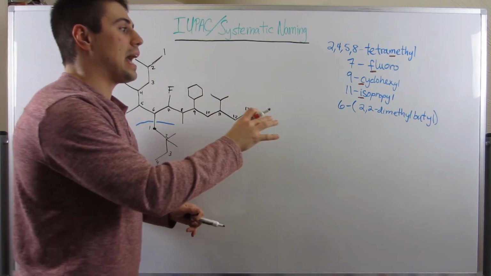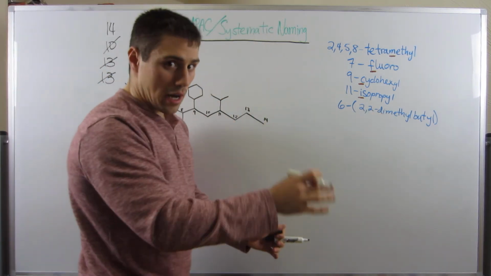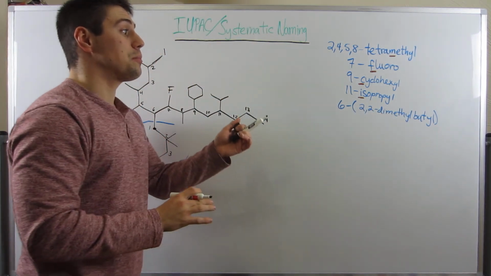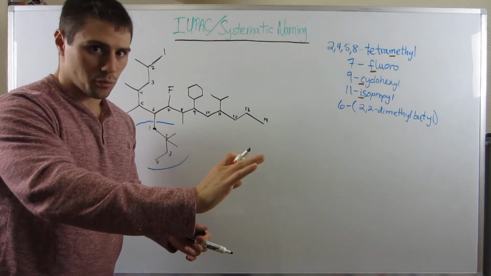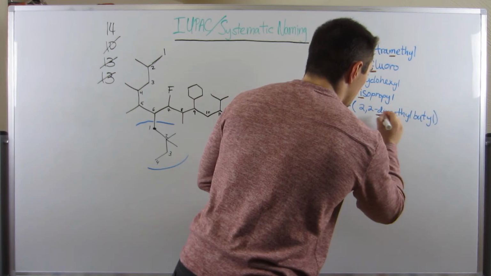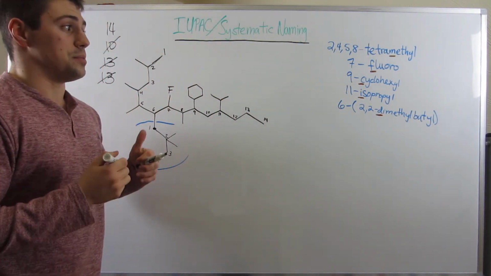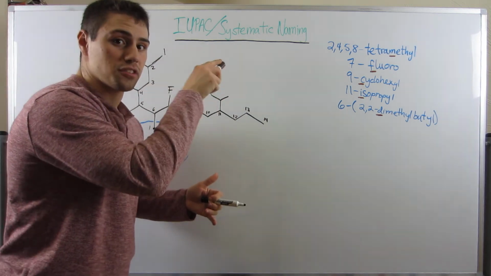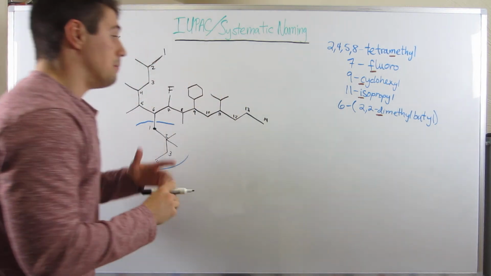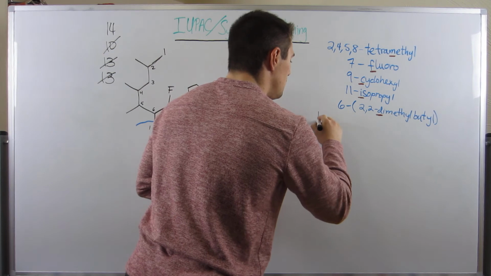I've told you in the past that the prefixes do not count. However, when you're in parentheses, you always go with the very first letter, no matter what. So the D in dimethyl counts. Doesn't matter if it would be just a methyl, or a tri, or a tetra, go with the very first letter. And the parent is tetradecane.